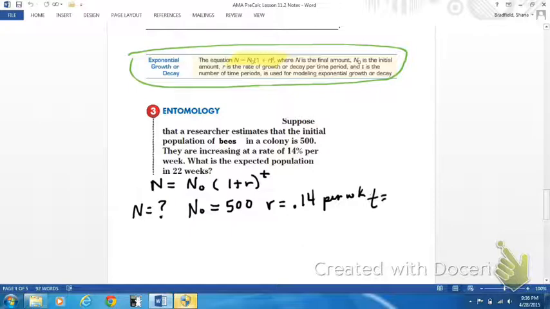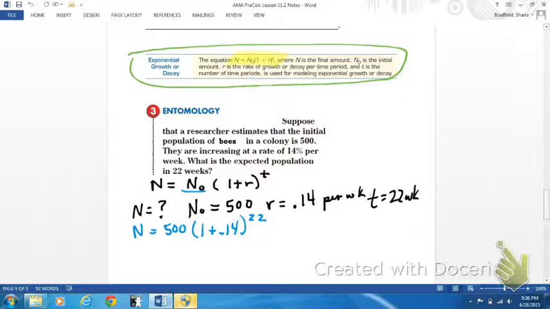So that's our time, which is 22 weeks. All you're going to do is fill this equation in, just like we see it. So we want to find N. N sub 0 is 500 times 1 plus whatever r is, which is 0.14, and t was 22.